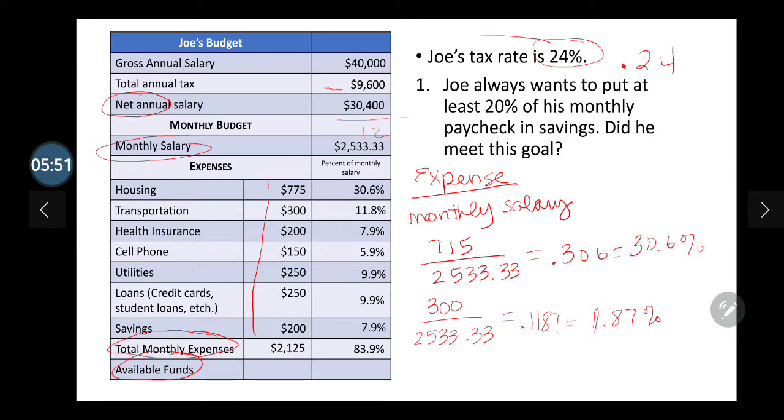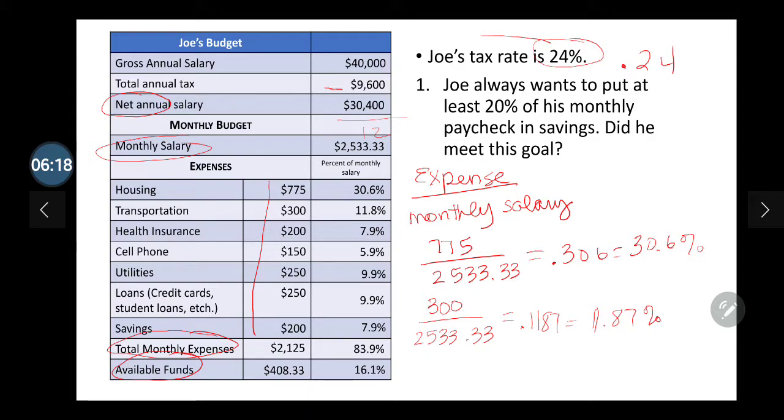If I subtract $2,125 from $2,533.33, I find that my available funds left is $408.33, which is good because he has money left in his pocket. And that means there was 16.1% of the budget that he did not use.